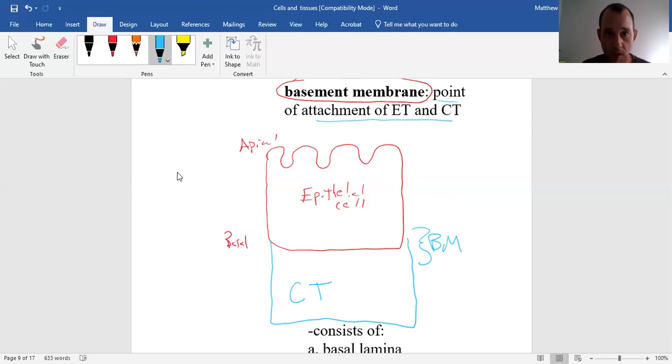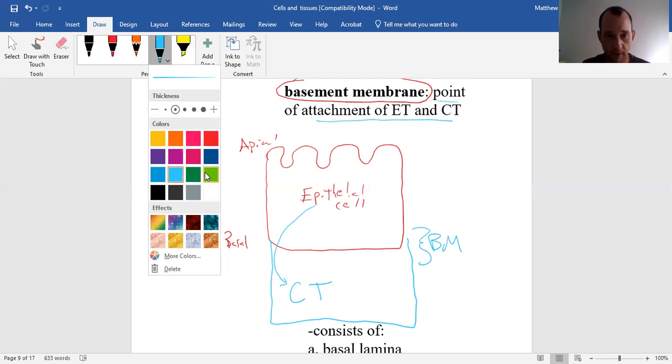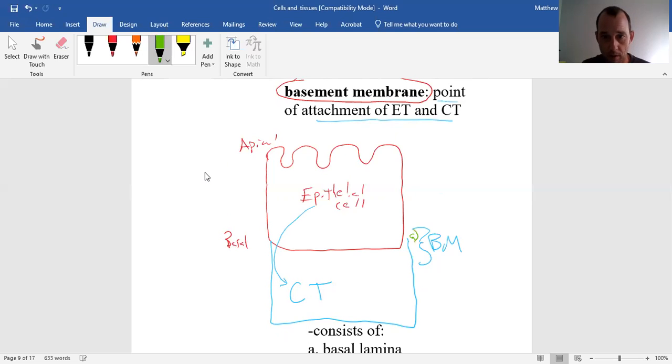In other words, underlying all epithelial cells and epithelial tissue, you will always have connective tissue. So underneath all epithelial tissues, you have a connective tissue. And that basement membrane consists of two things. Your basement membrane is an upper basal lamina.